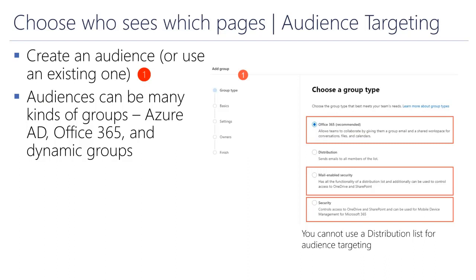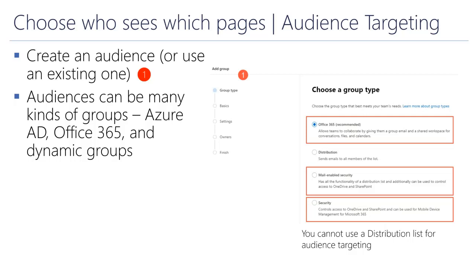To target content, you need to have a group that is targetable, if you will. And you can target a Microsoft 365 group. Right now, the screen actually does still say Office 365, but at some point that will get renamed as well. So Office 365 groups are now being called Microsoft 365 groups.